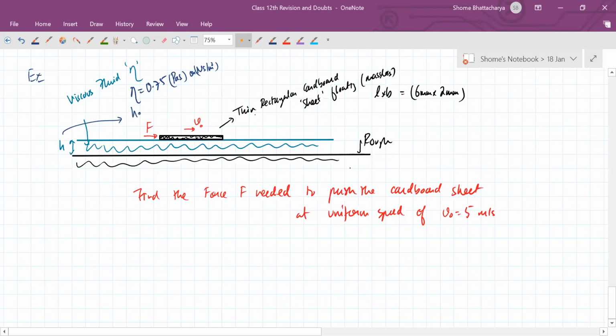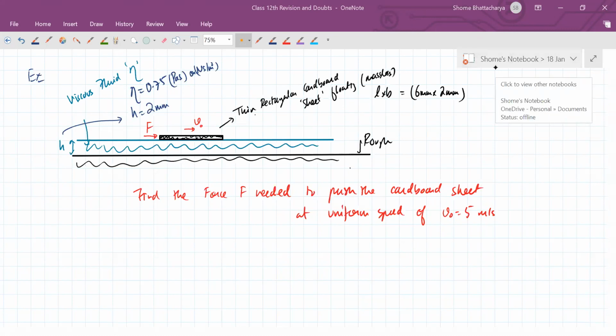This height H is 2 millimeters. Okay, Somadeep, your answer is correct.